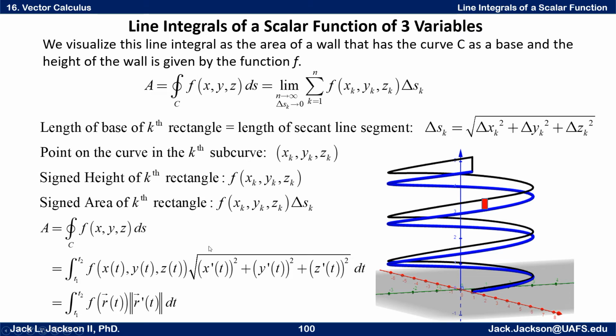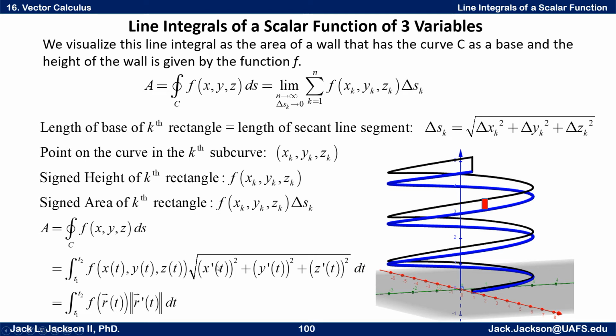And then what we do is we take this ds, which is just, of course, the square root of (dx/dt) squared plus (dy/dt) squared plus (dz/dt) squared, or in other words, x prime squared plus y prime squared plus z prime squared, where those are derivatives with respect to t, square root all that, multiplied by dt.